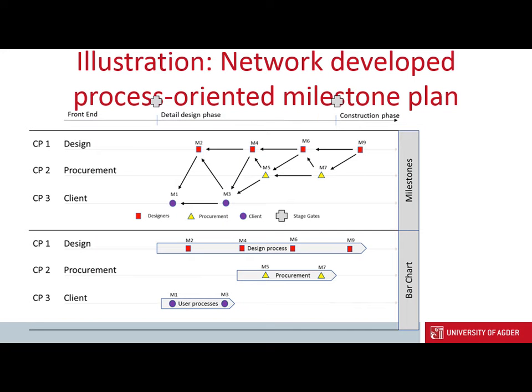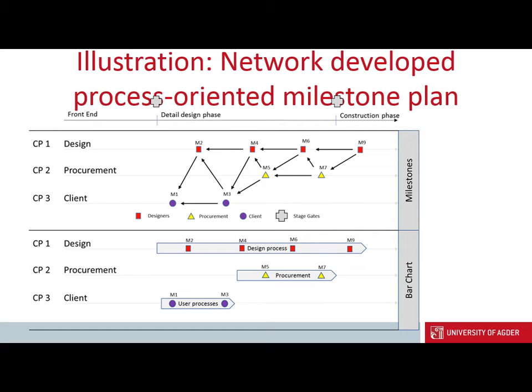Here we have an illustration of our proposal for the method. We have divided it into three core processes in this illustration: design, procurement, and client processes. And we have divided it into front-end phase, detailed design phase, and construction phase.